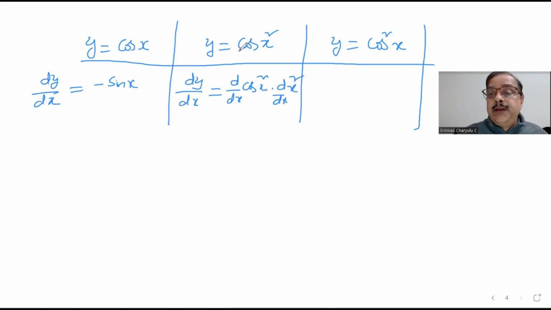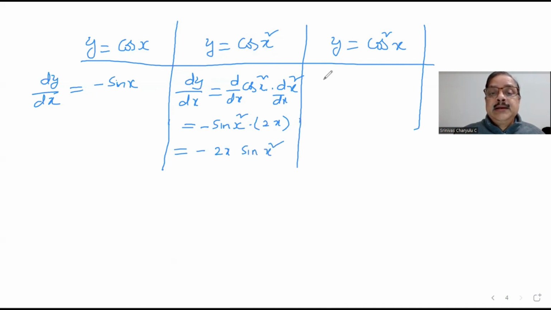This is the chain rule we applied. First, we differentiate cos x square, then x square. d by dx of cos x square is minus sin x square, then d by dx of x square is 2x. So the value is minus 2x sin x square.